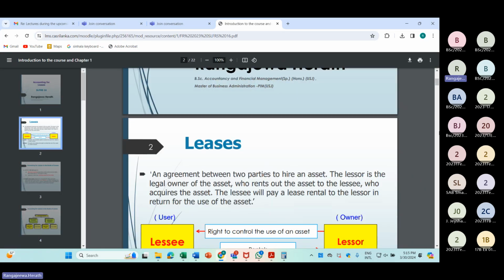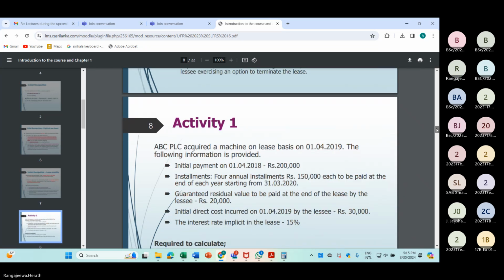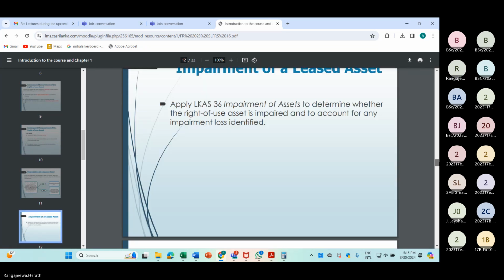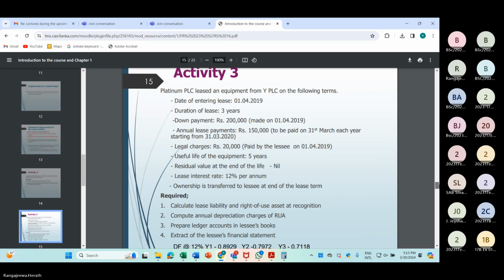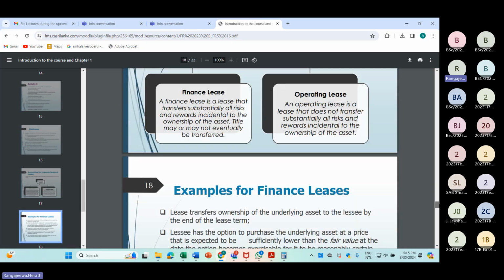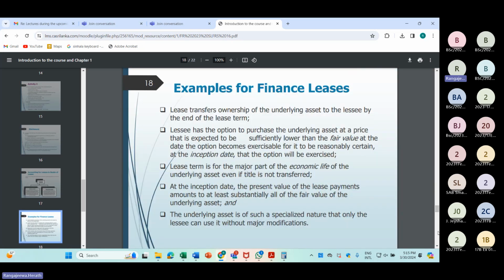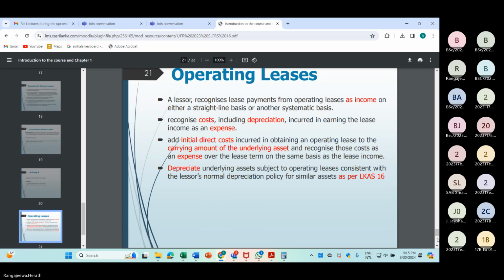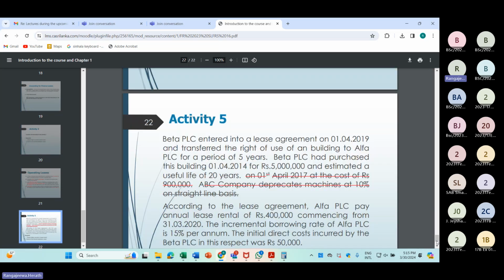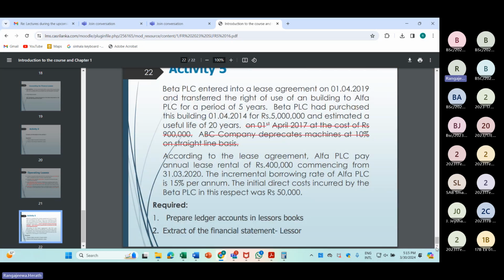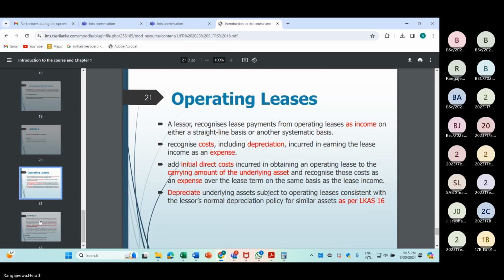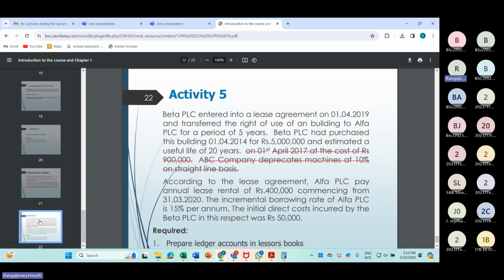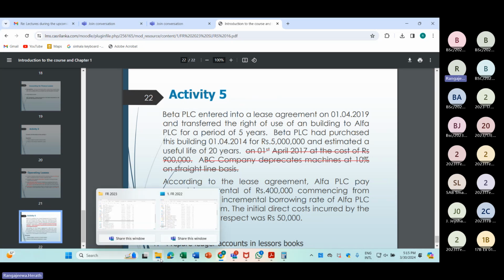So you can have this leasing. From the lessor's perspective, to differentiate finance lease and operating lease, then the accounting treatment for leases from the lessor's perspective, right, which will be tested with the leasing.